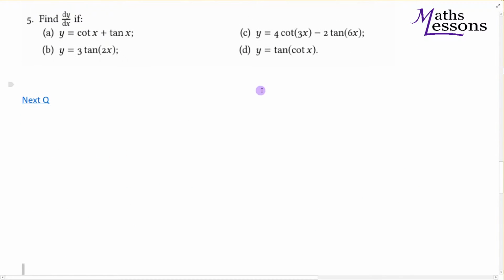Our next question is a bunch of differentiations to do. Let me just have a quick look. I think it's going to give you 5 minutes, which is probably a bit too much. Let's see how my class gets on with 3 minutes to do these 4 derivatives.